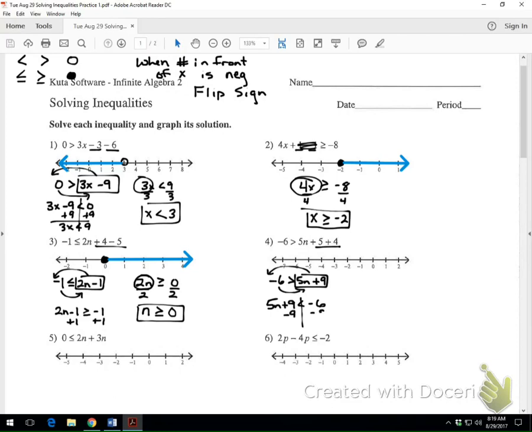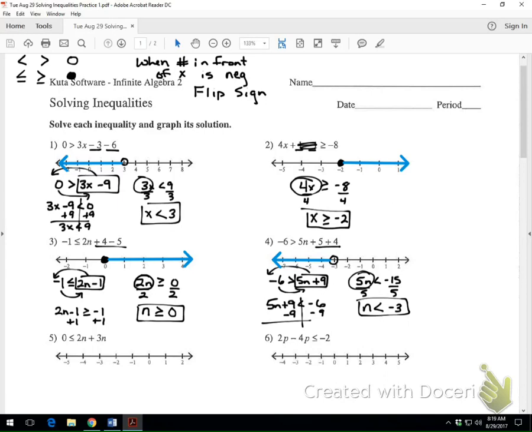Subtract 9 from each side. So it gives me 5n is less than negative 15. Now what? Divide by 5. And you get n and negative 3. Is my n negative? Nope. So the sign stays the same. So negative 3, open or closed? Open. Which way do I shade? To the left.